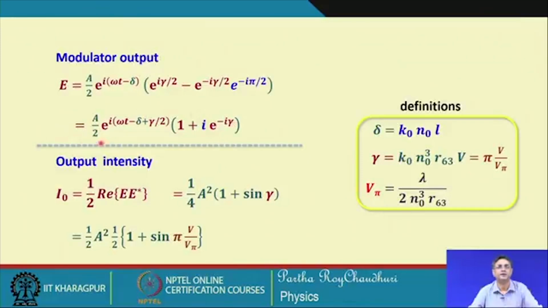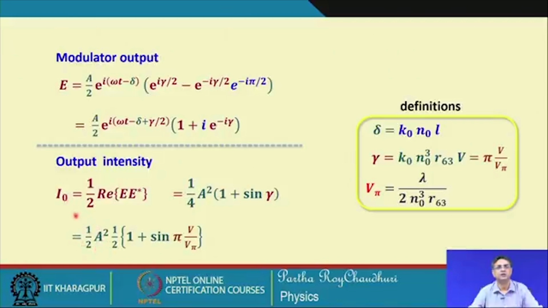Now, if you take the output intensity, that is I 0 equal to half the real part of E E star, then you can write this equation in this form, A square by 4, which is half of A square, half of this quantity. This is your input light, your input polarization.